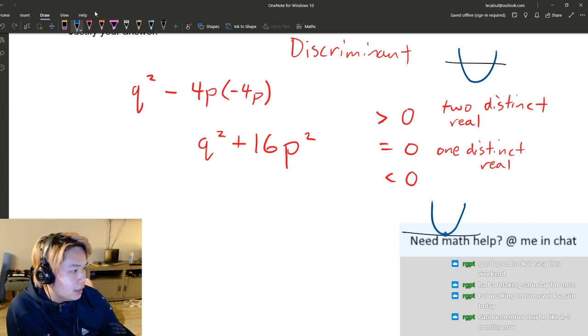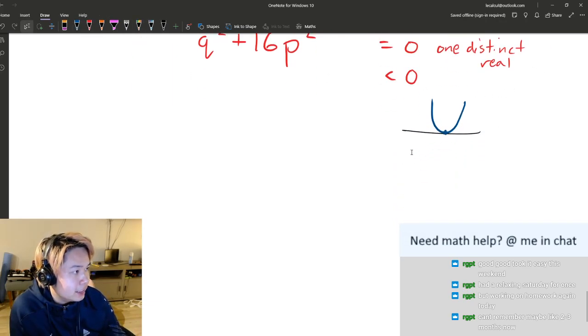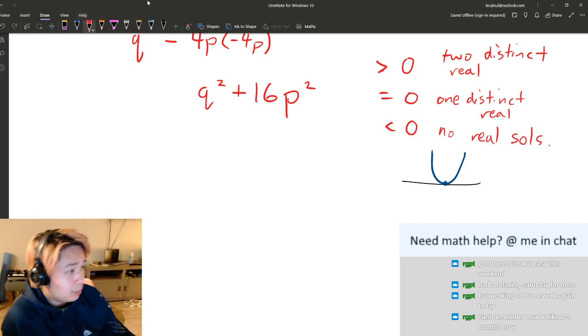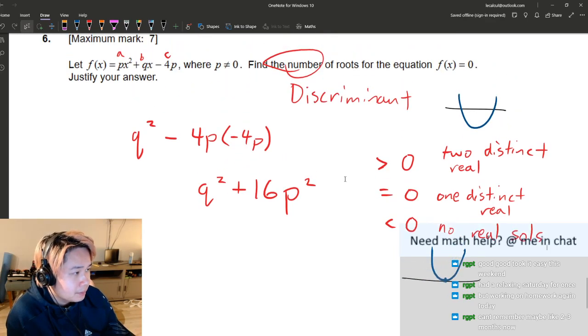In other words, the vertex is the solution. And the last one, no real solutions. So if you were to graph it, we graph a parabola that does not intersect or touch the x-axis.